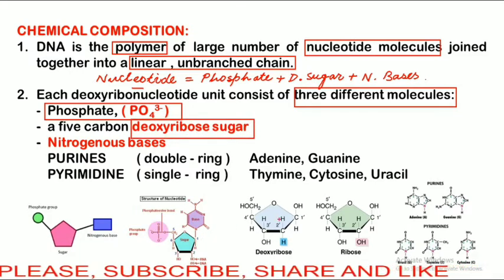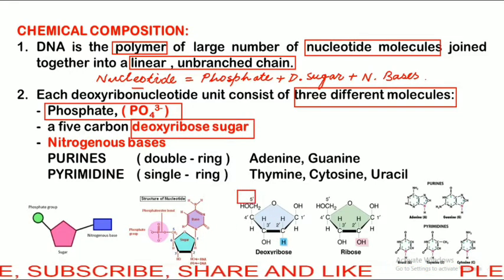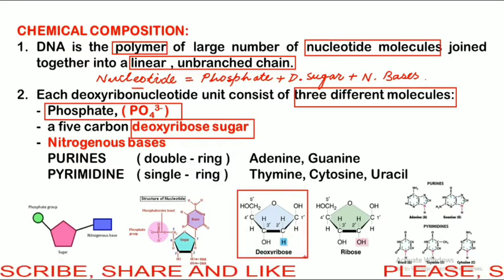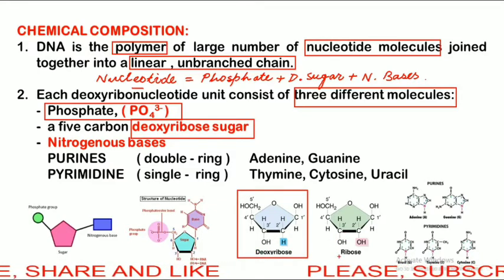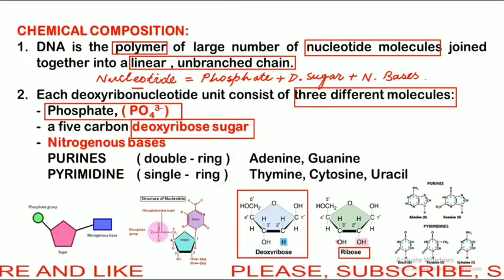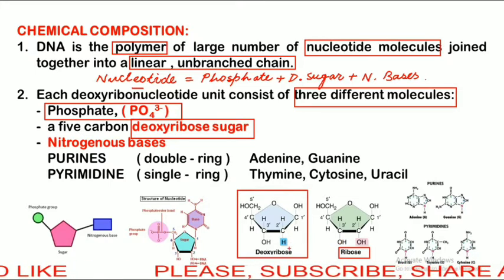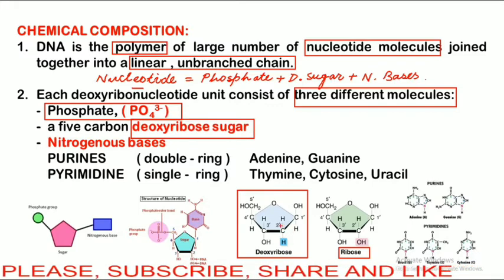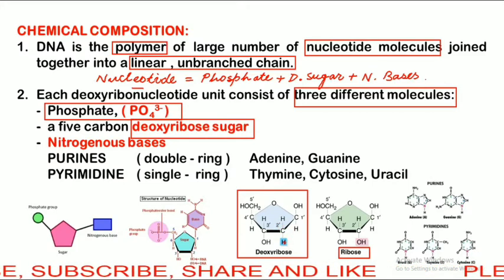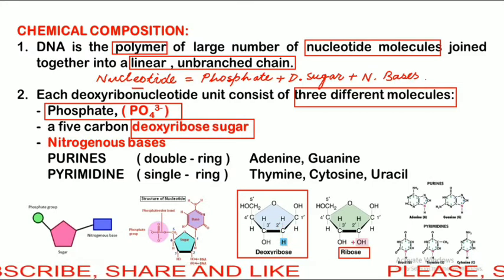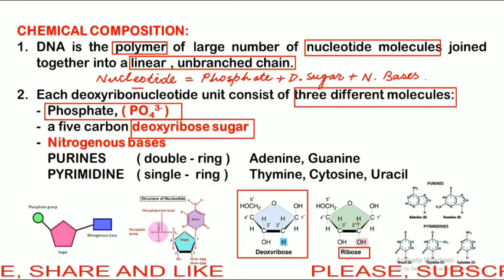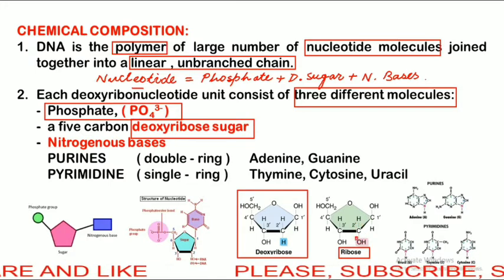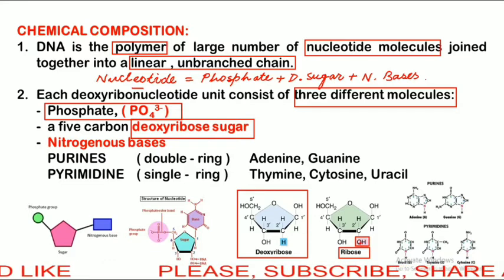Here you can see this one is the deoxyribose sugar which is present in the DNA, and next is the ribose. The difference between ribose and deoxyribose is that at carbon second only hydrogen is present, and in ribose at carbon second OH, one extra O is present.